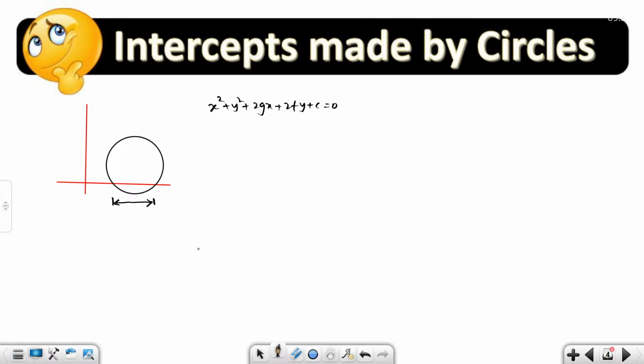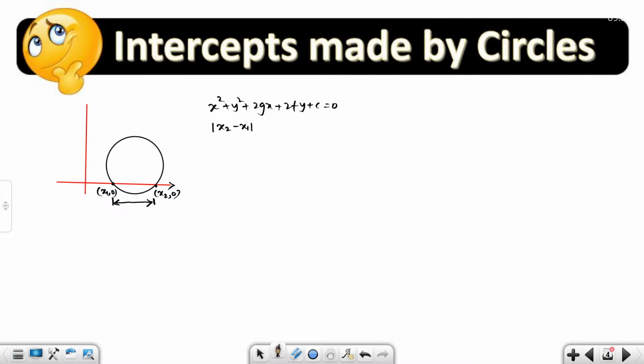The circle has intercepted the x-axis. Let us say the coordinate of this point be x1, 0 and this point be x2, 0. So basically we want to find out what is our x2 minus x1.